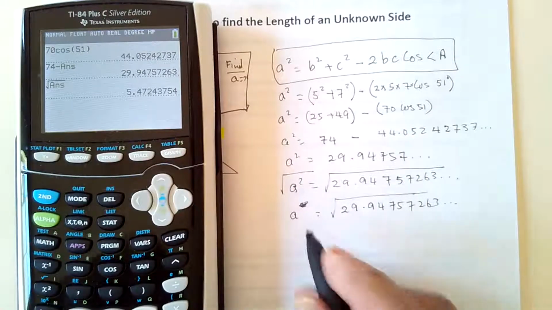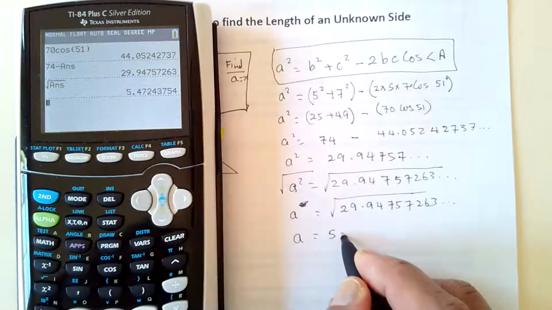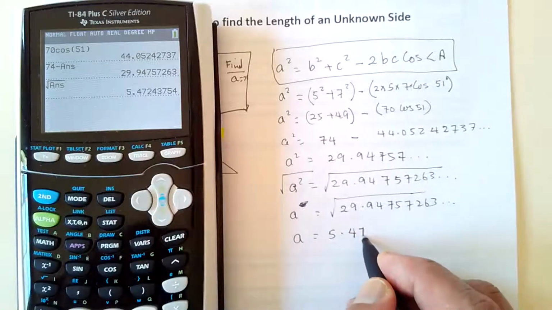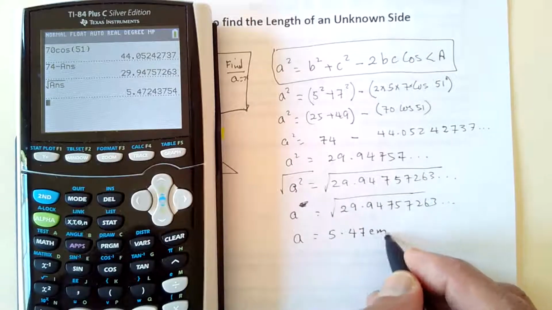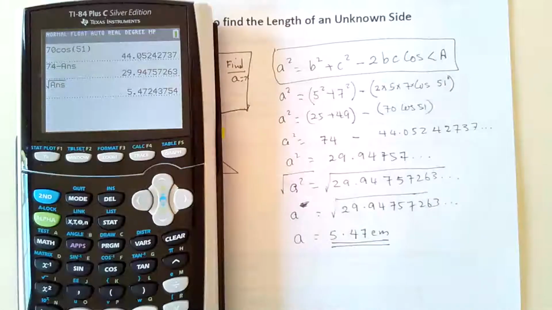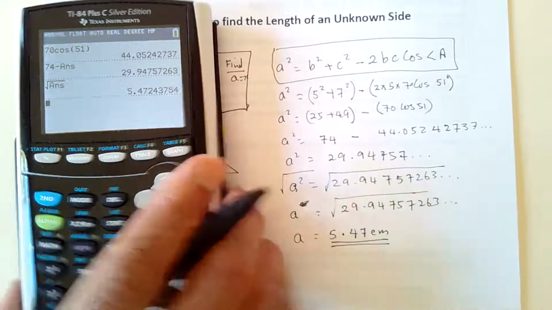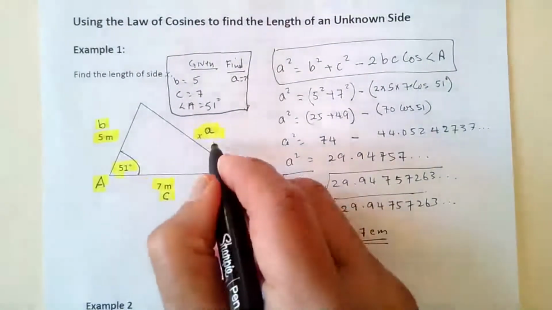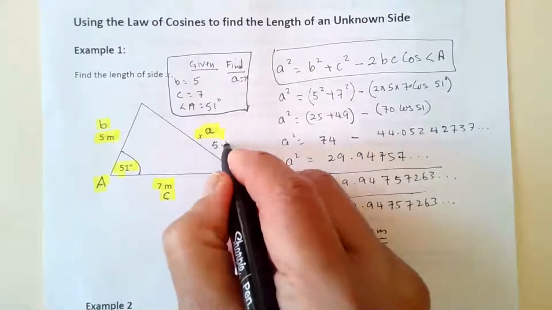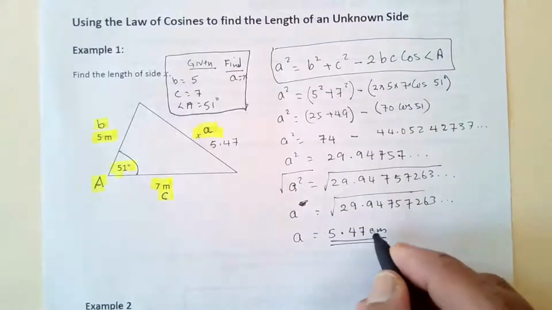And A is equal to 5.47. So I round it to two decimal places. So side A is 5.47 meters.